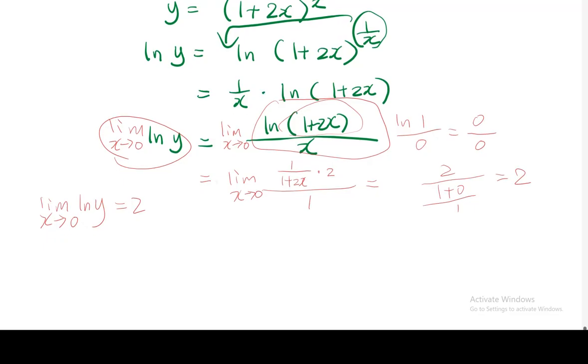Okay, so ln of y equals 2, that means y equals e to the second power, right? Of course, here we're still taking the limit as x approaches 0.